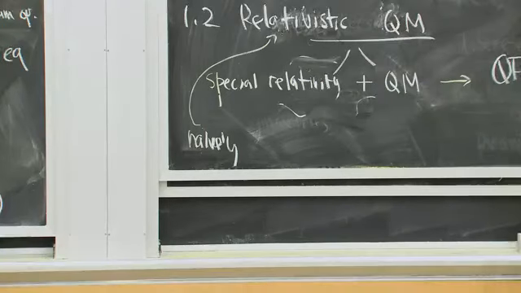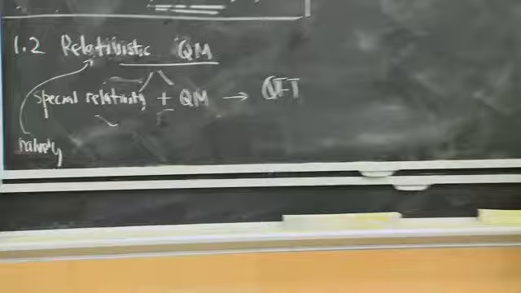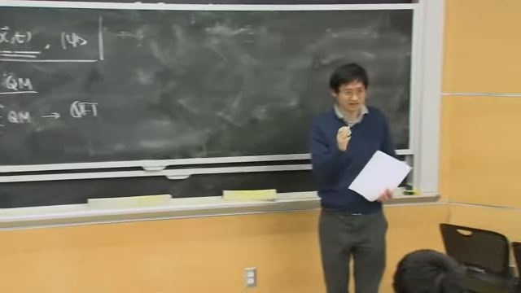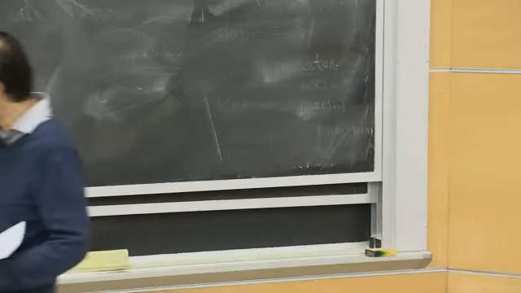But that's actually not the correct statement. Strictly speaking, the reason you don't learn much about relativistic quantum mechanics is that, strictly speaking, relativistic quantum mechanics does not exist. Whenever you want to combine quantum mechanics with special relativity, you actually get quantum field theory.